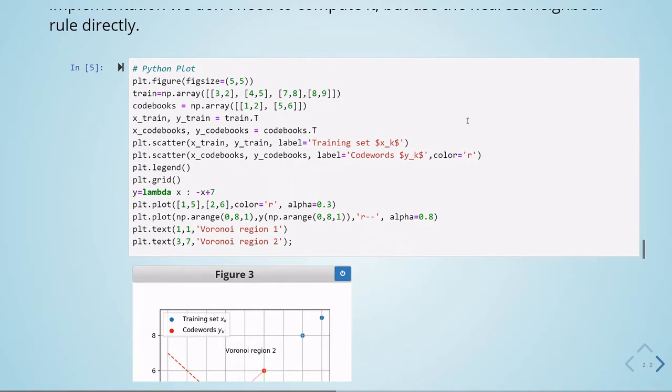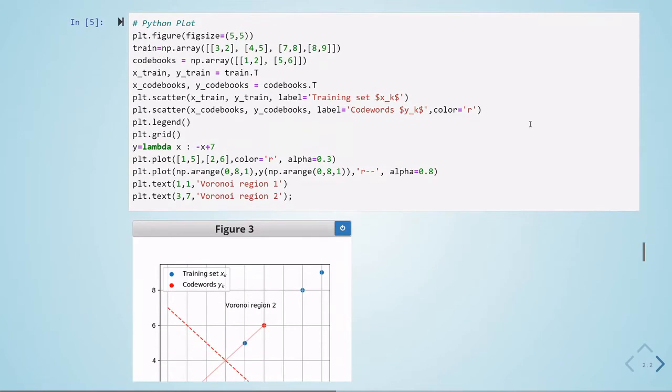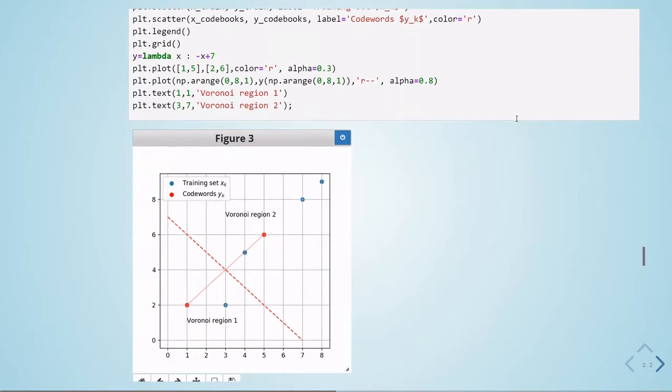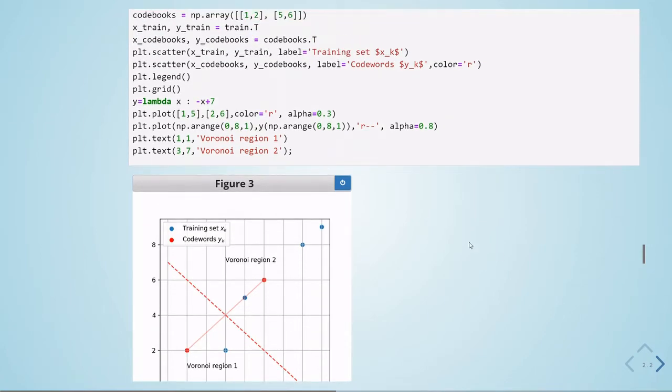Then we have this plotting here, just formatting to have a scatter plot. So we have this picture here. We have the Voronoi region 1 and the Voronoi region 2.